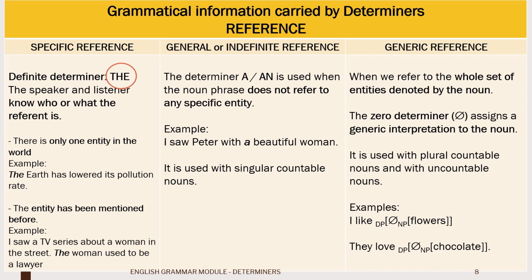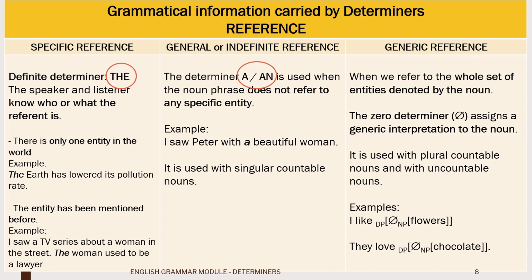All right? This is how specific reference is realized. Now let's look at the second column, general or indefinite reference. This is another type of reference. The determiner a or an is used when the noun phrase complement does not refer to any specific entity, as in the example, I saw Peter with a beautiful woman. We do not know which specific woman that is, all right? That's why the type of reference assigned to the noun woman is general or indefinite reference.